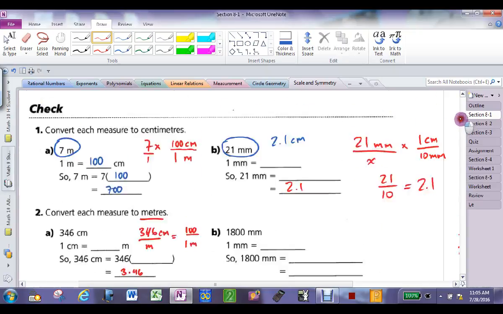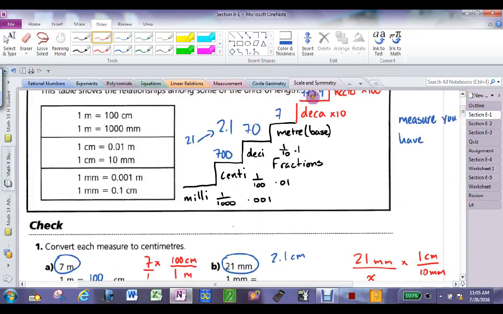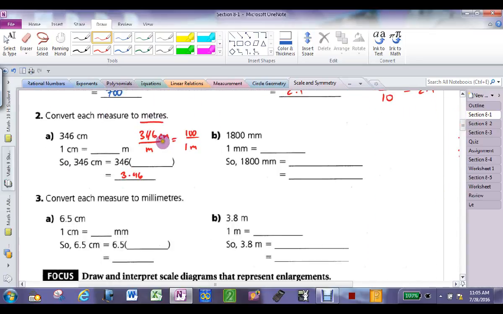You can do that with the steps, or multiply the pair and divide the spare like I just did, or you can do 346 times what I want, which is 1 meter over 100 centimeters, what I don't want. 346 over 100 would be 346 divided by 100, or 346 times 0.01.